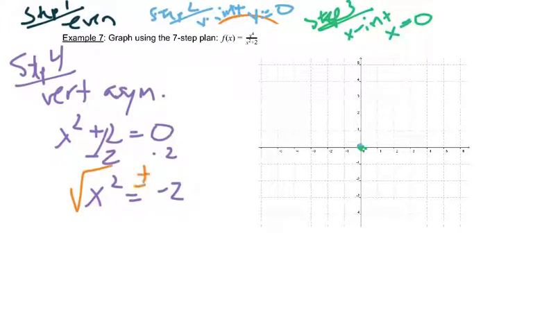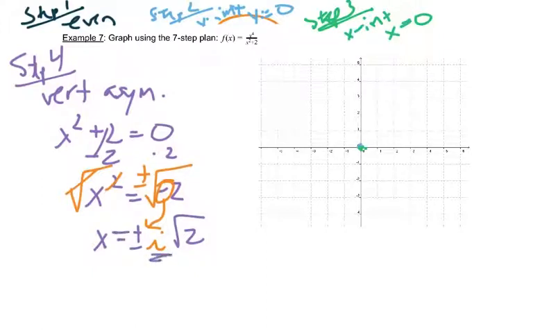I could take the positive and negative square root of both sides, but what that tells me is that I get this i because of the negative underneath the square root. And because this is an i answer, we don't have any vertical asymptotes. So there's no vertical lines in this problem.